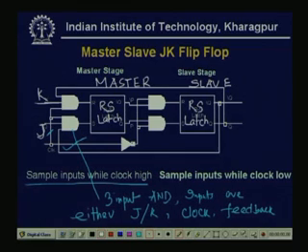Mainly the clock input is inverted, and when the clock is high, one latch is being operated, and the second latch is holding the previous state. So this is the main concept of the master slave JK flip flop.